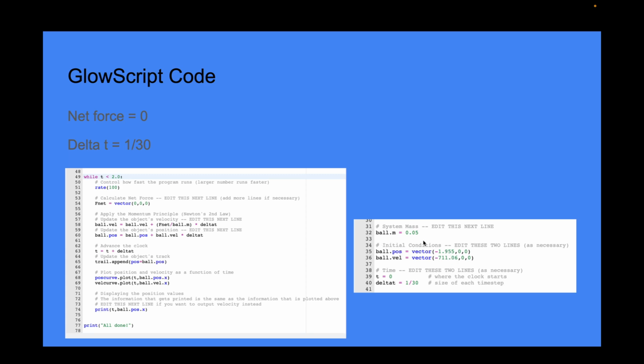Here is my ball mass value. The mass doesn't actually matter because the net force is assumed to be 0, but that's the mass. And here's the formula I used to update the object's velocity, and the formula I used to update the ball's position.